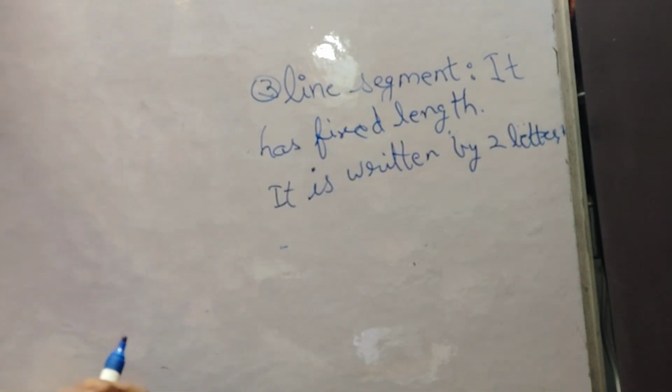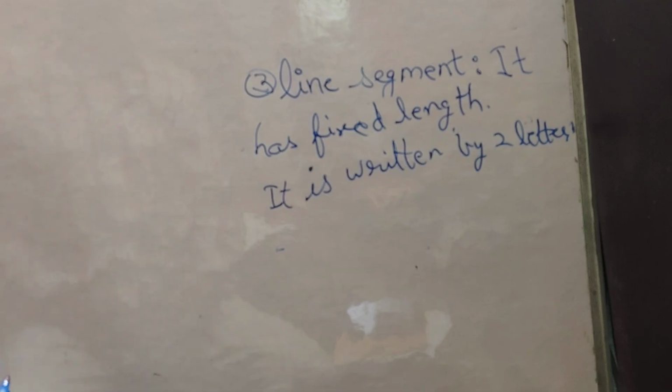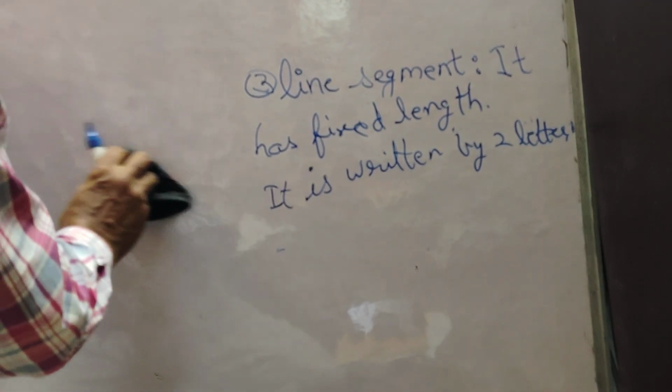And it does not have infinite length. It has a fixed length. And it is measurable. A line segment is measurable. On one line segment there are infinite points.